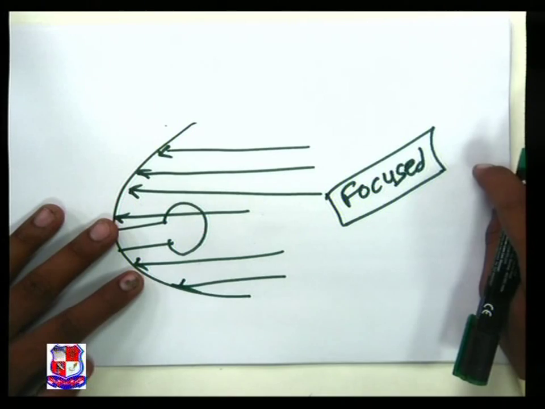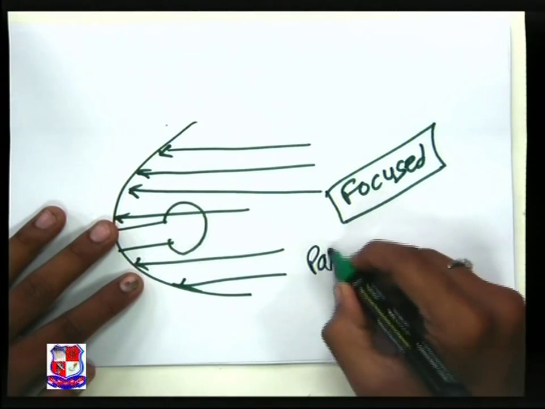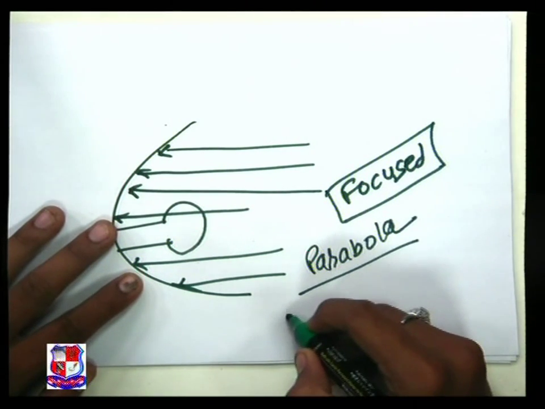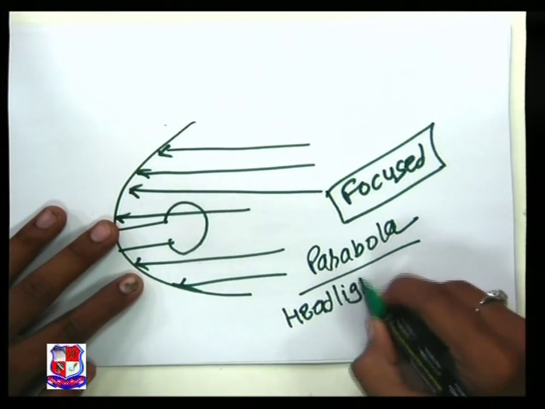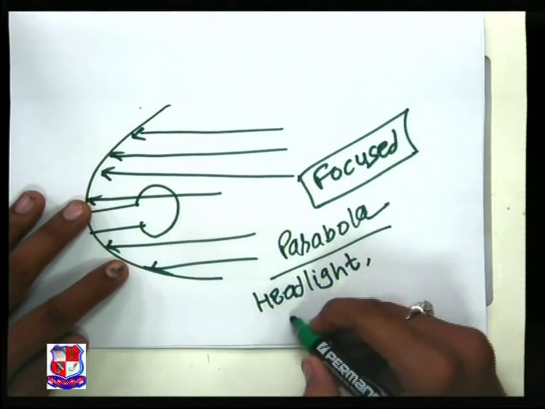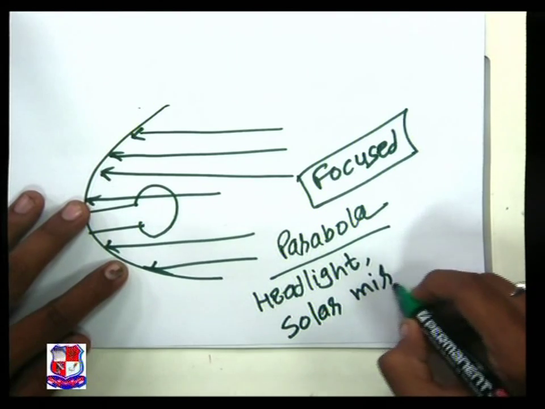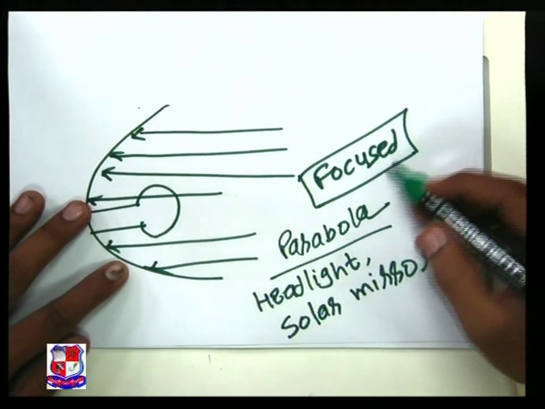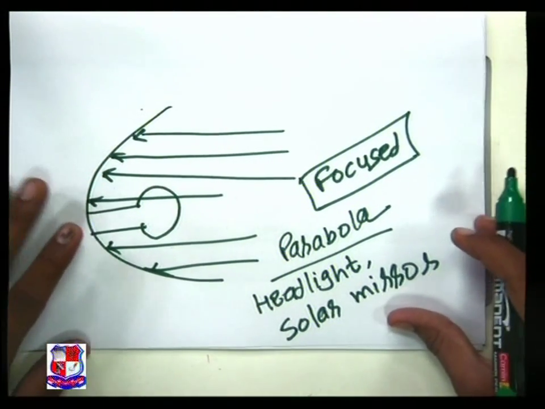We will have a focused light. So parabola is used for headlight and solar mirror. It concentrates the rays, so that's why in solar mirror also parabola is used.